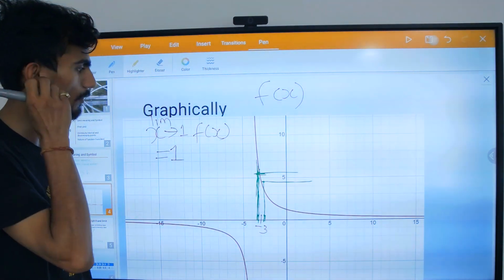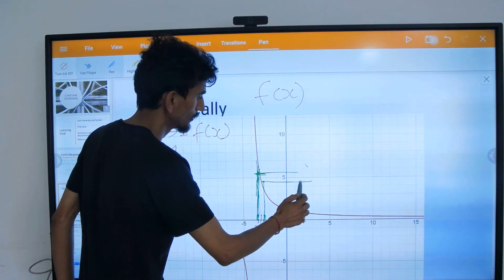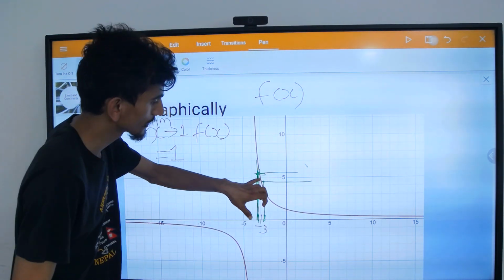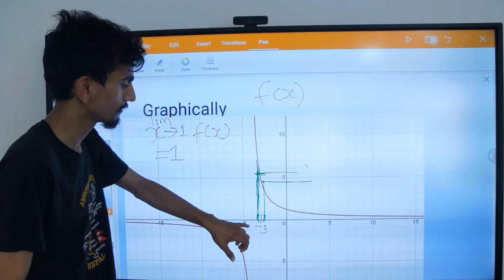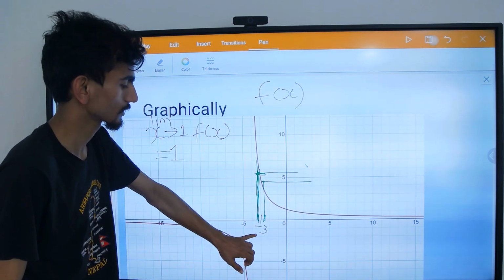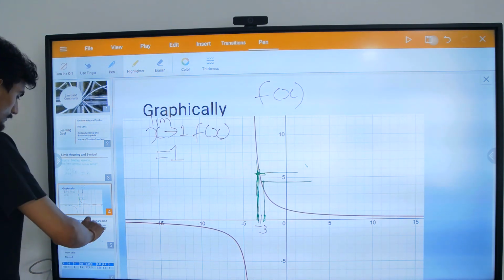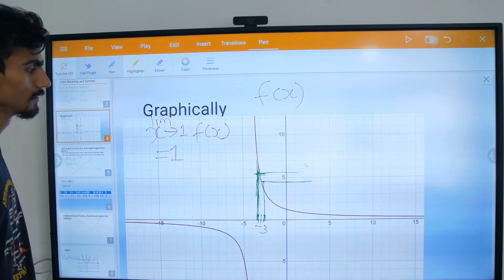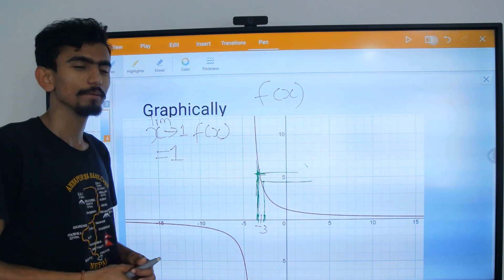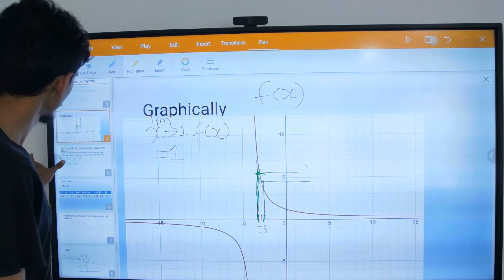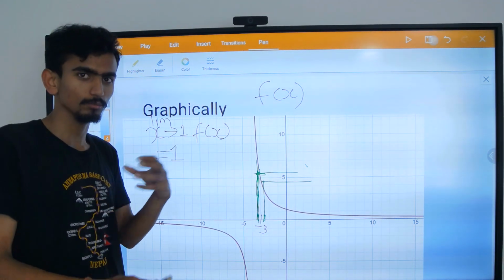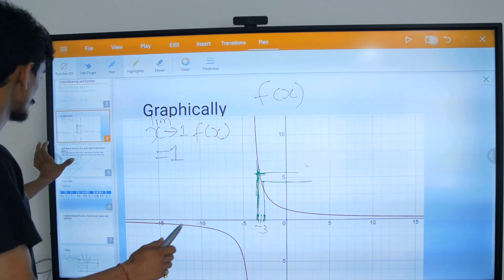If you see these two functional values, we see that the functional value is getting close to 5 when the input to this function, that is x, is close to minus 3. This is the way we find the limit of a function graphically. We see what that function is getting close to when the input is getting close to a certain value.